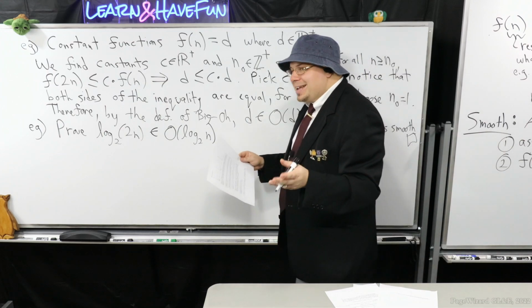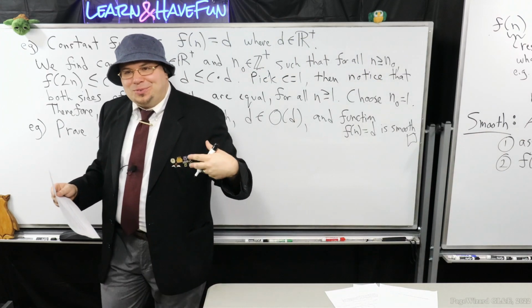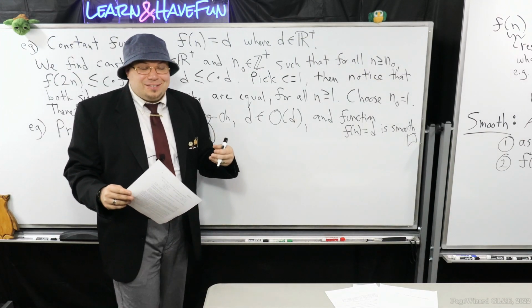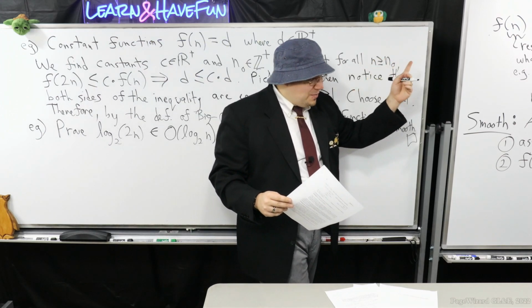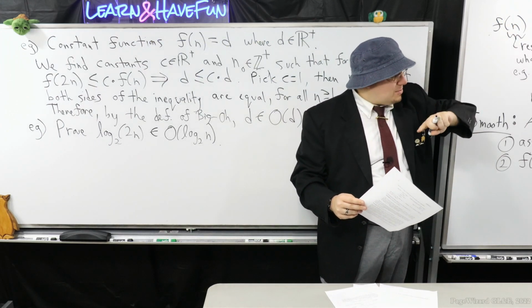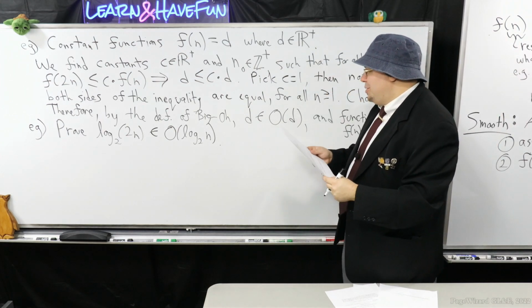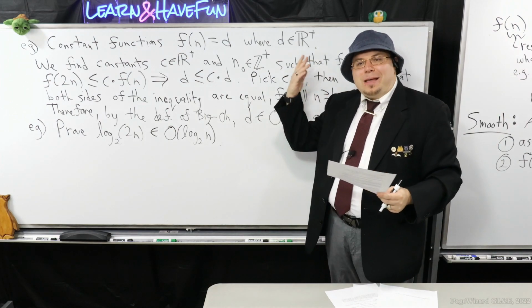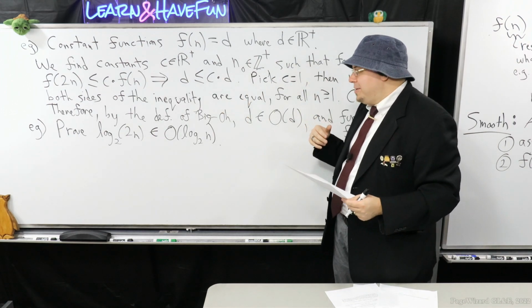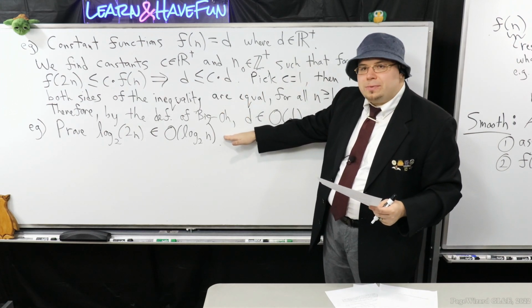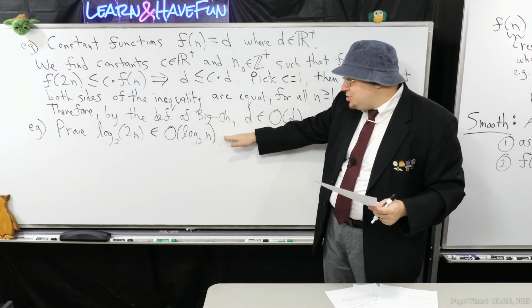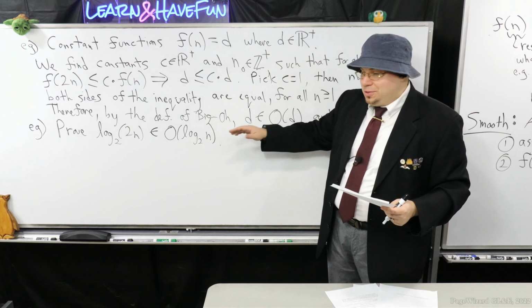We already know that logarithms are, in fact, increasing functions. So log base 2 of n is an increasing function. It always goes up. It just slowly grows. But it indeed goes up if you plot it out. So that indeed makes it asymptotically non-decreasing. So if I prove this property right here, that means that log base 2 of n is smooth.